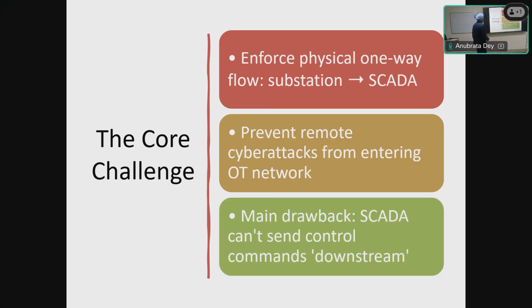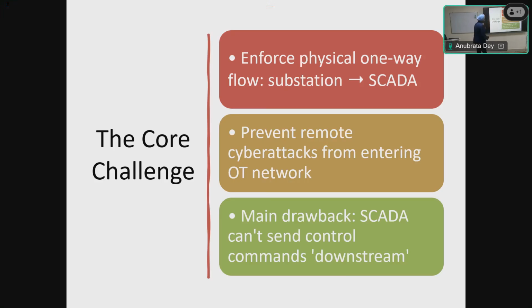The whole idea is to enforce physical one-way flow from the substation to SCADA, and we will also talk about some limited flow from SCADA to substation for control purposes. It basically prevents remote cyber attacks from entering your OT network.